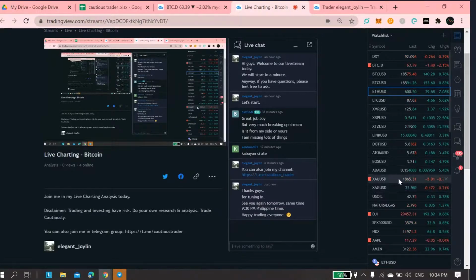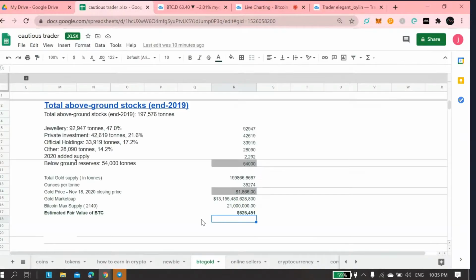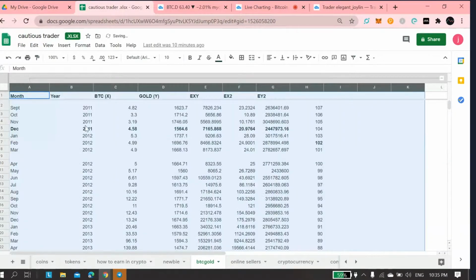Oh, gold was down. So anyway, BTC and gold are positively correlated to each other. So let's see. Based on my previous computation, which is also at this spreadsheet, here. But I forgot to update it.